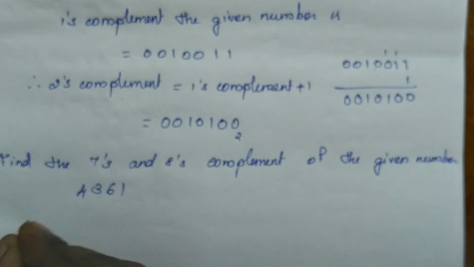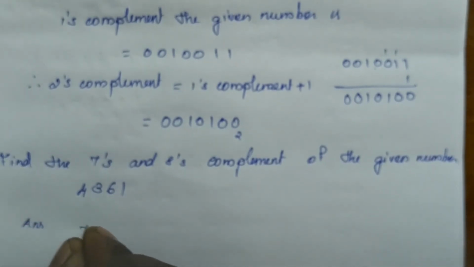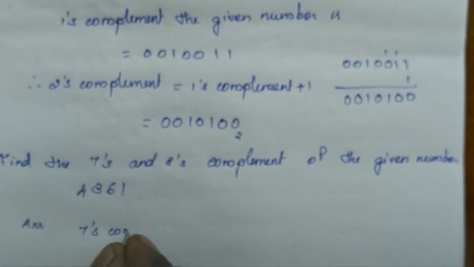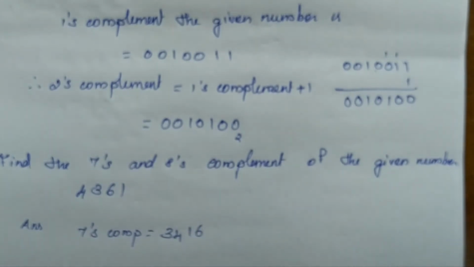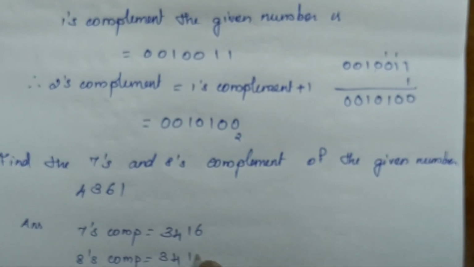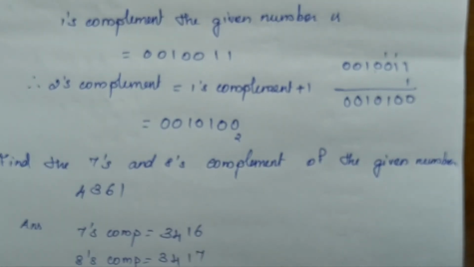Here I will give the answer. For 7's complement, you will get the answer as 3 4 1 6. For 8's complement, its answer will be 3 4 1 7. Work it out.